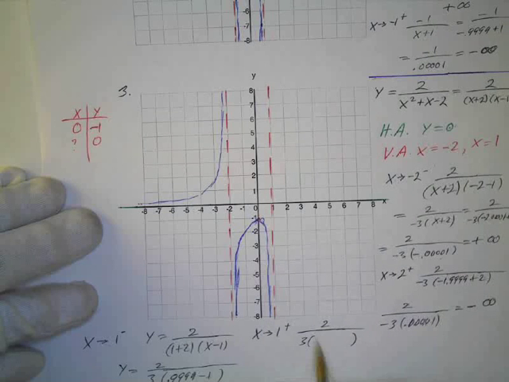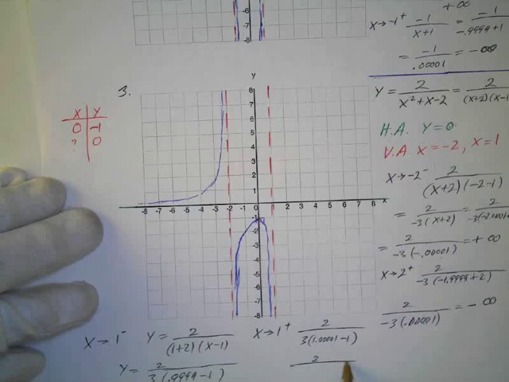And then we're going to use, from the positive direction, that might be 1.00001 minus 1. And what do we have there? That's going to be still positive, so that's going to be 2 over 3 times, and that's just going to be, 1.0001 is bigger than 1, so that's going to be positive 0.00001. And we're dividing this by a very large number, so it's going to be positive infinity.